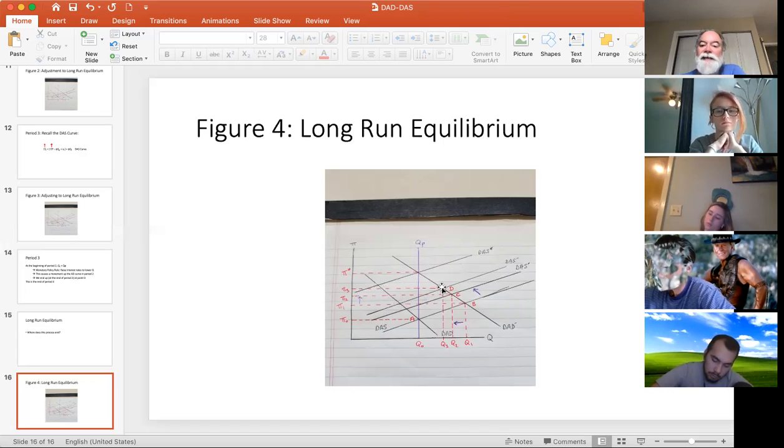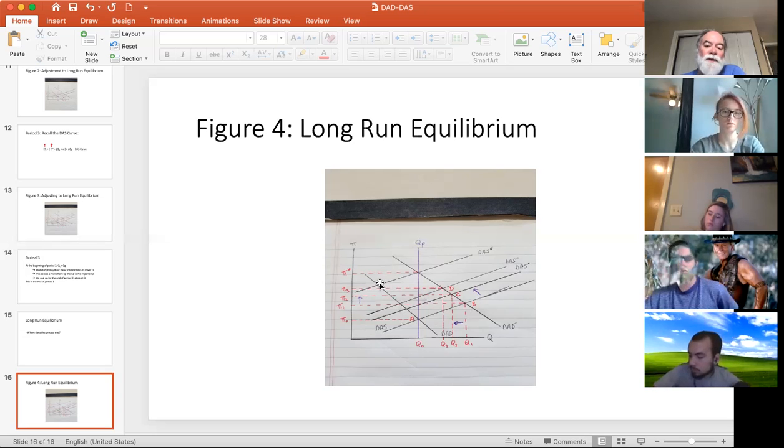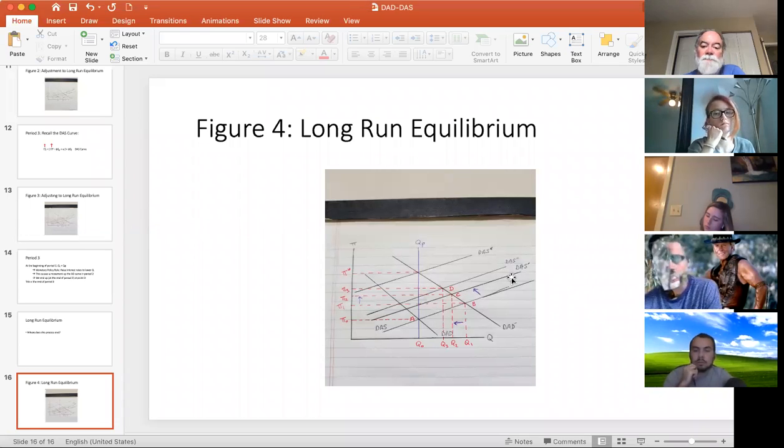It may even take more rounds to get down than it did to get up, because we've got people's expectations going in the wrong direction at first. But eventually DAS would shift back to point A where we started, and everything would be done at that point.